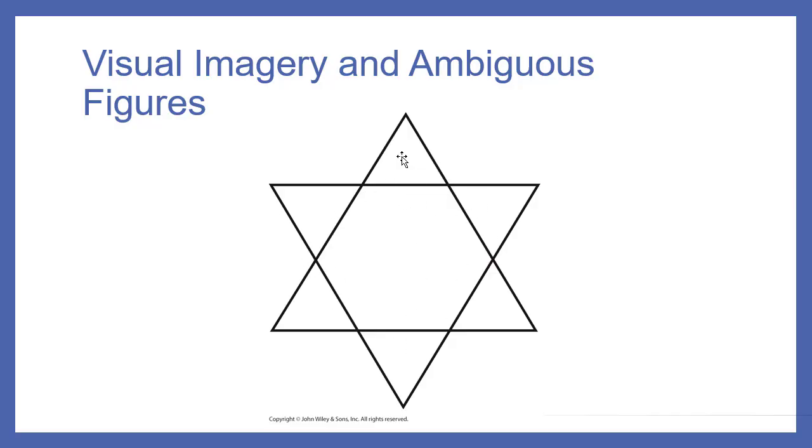Second easiest would be to look at the component parts, which is made up of these 6 equilateral triangles and a regular hexagon. So it can be very difficult with ambiguous figures, and this is an ambiguous figure because it could be considered multiple different things, although it's not as ambiguous as the duck-rabbit from what we saw in the prior slide.